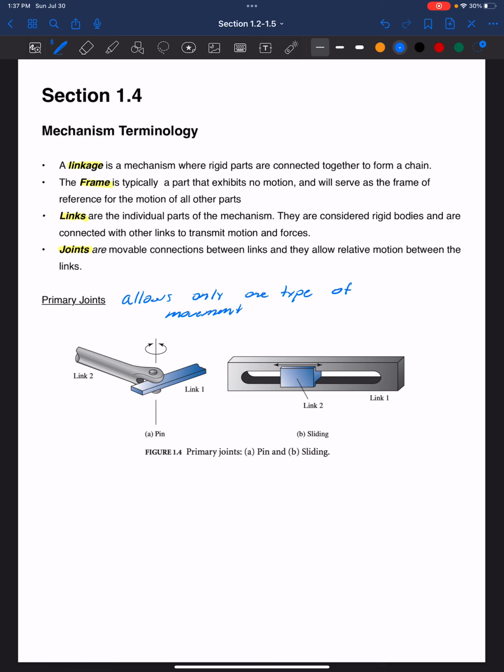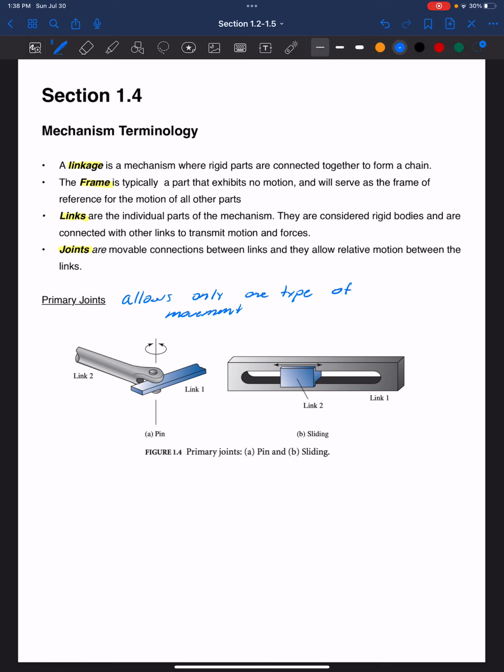Okay, so we can see two examples. This pin only allows rotation right here, and this slider will only be allowed to slide in this direction.